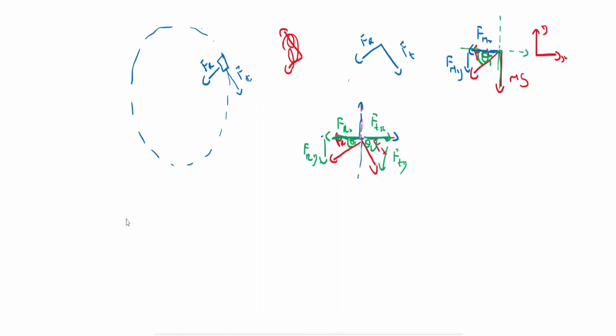So if you look at all the forces that are in the x, you just have this FNx. That's generally the only component in the x direction, and that is just going to be equal to m a, but remember the vector a is ar plus at.